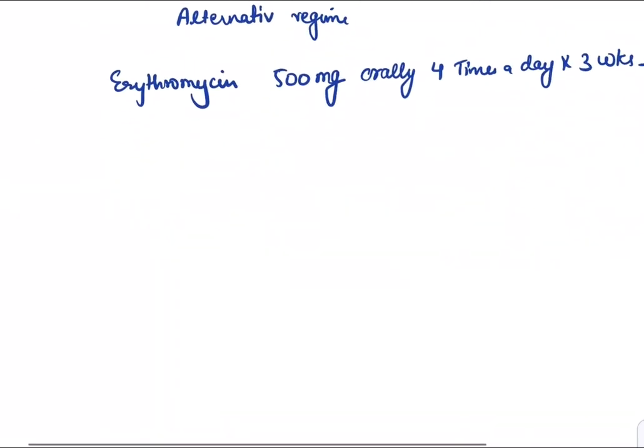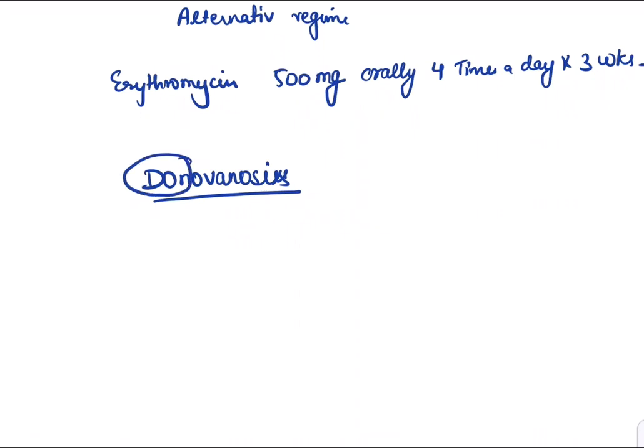Now next we move to donovanosis. Most of it we already learned. Donovanosis, we just remember it like a don. The don, when he sees small things, gets hyper and can kill anyone. So here the don can easily bleed on touch.